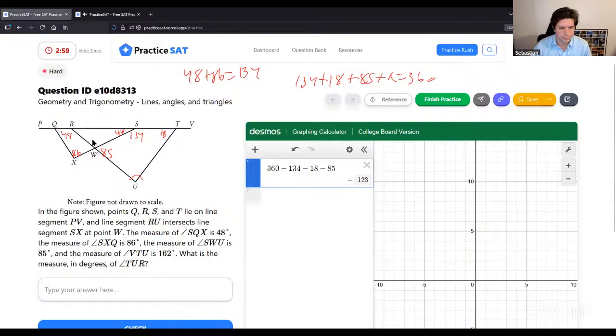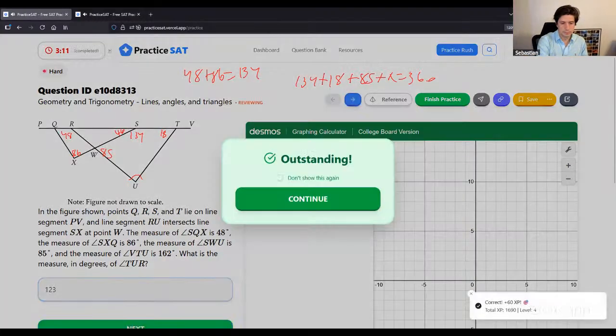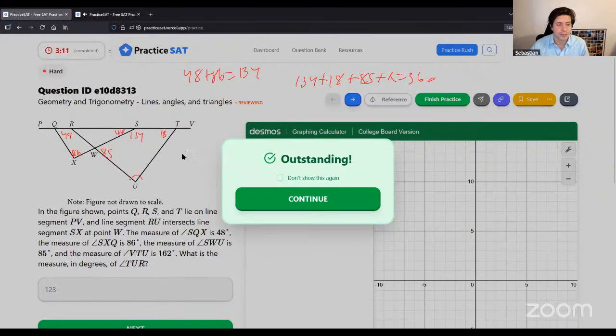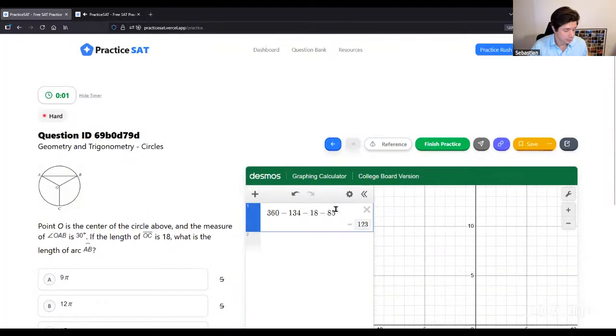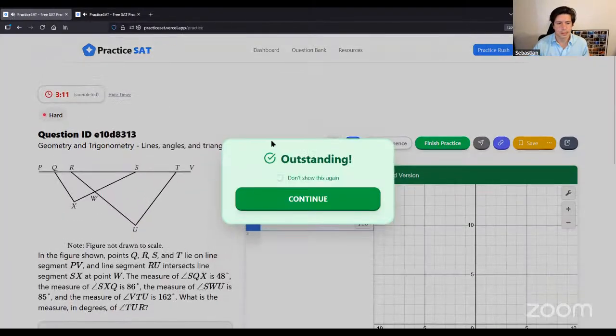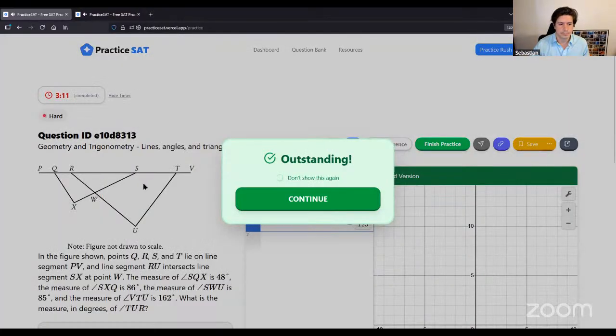Okay, it just doesn't look right, but let's see. Great. So that's a good example of where you should just trust the numbers, not try to use the image, because they're not going to make them accurate for us. I found 18 because this angle here was 162 and it's supplementary, so I did 180 minus 162.